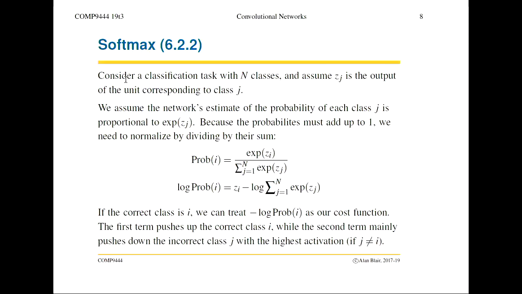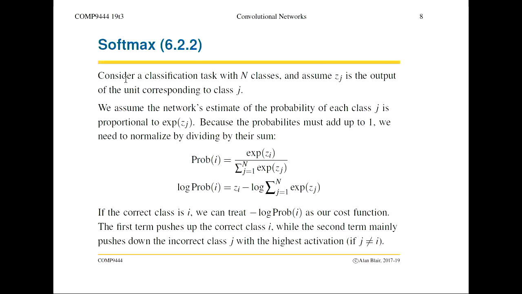In other words, a loss function. So if the correct class is i, then we treat minus log probability of i as our cost function, and that's what we want to minimize. Now, again, there's a good explanation of this in the textbook, and there's an exercise on the website for you to go through, which I hope will help you understand this a bit better.